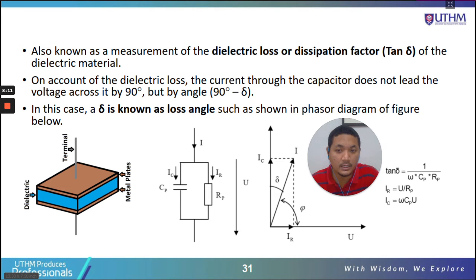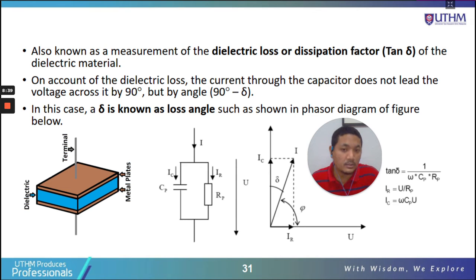That is basically the dielectric loss because of the imperfection of the insulation. The insulation is not perfect, it has some loss in it. That loss is represented as IR, the leakage current, the resistive current. This basically represents the loss of the capacitor.